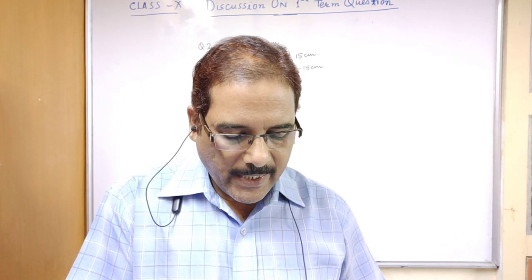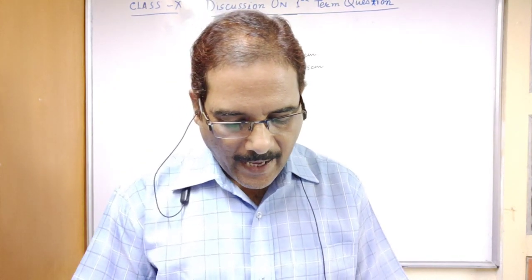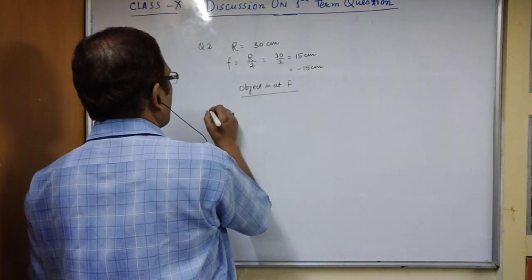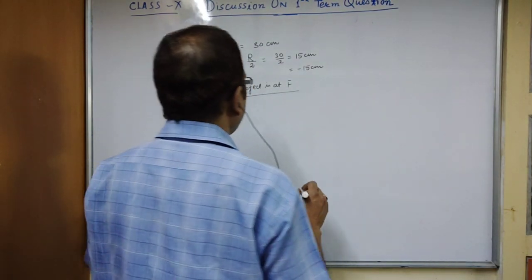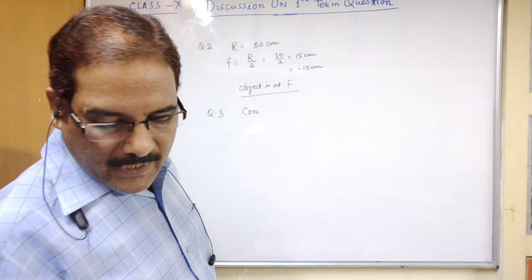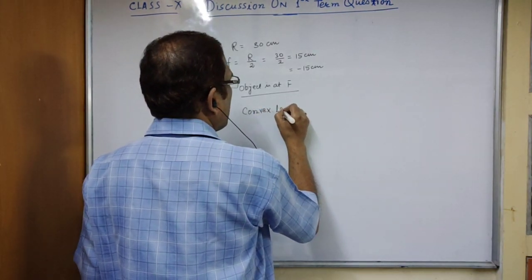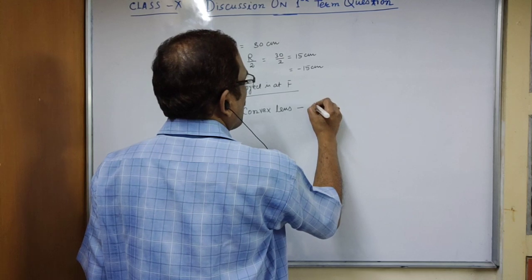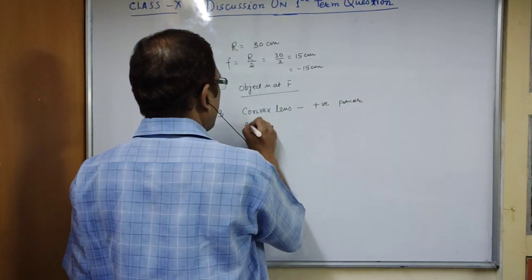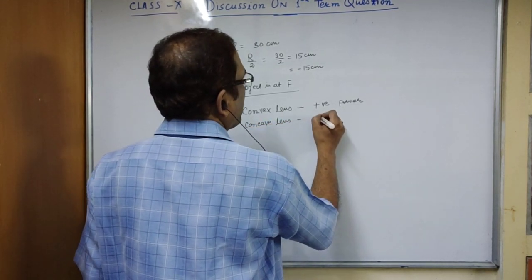The first statement is: a convex lens has 4 diopter power having a focal length of 0.25 meter. For solving this question, you should know that the power of a convex lens is positive and a concave lens has negative power.